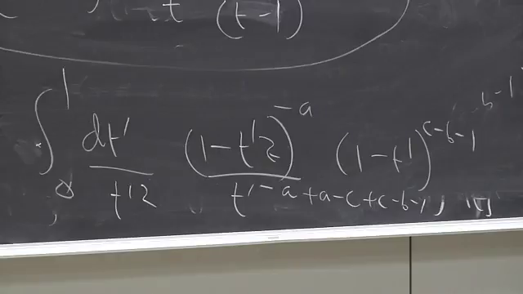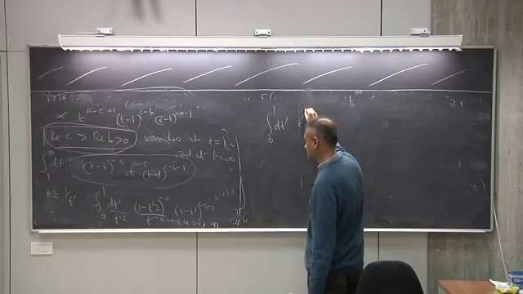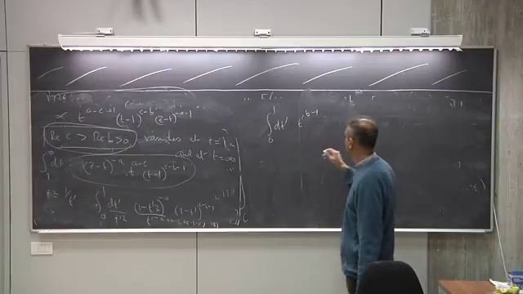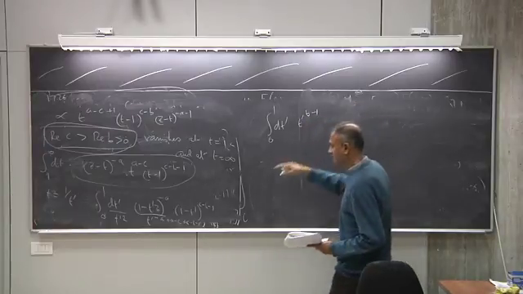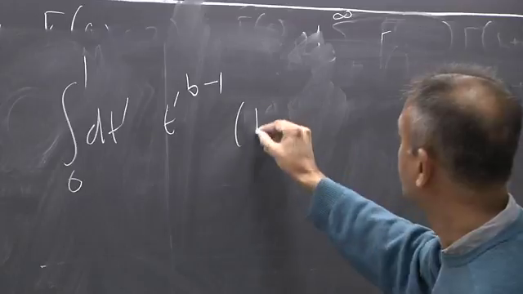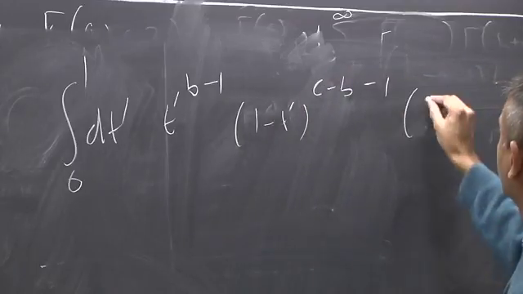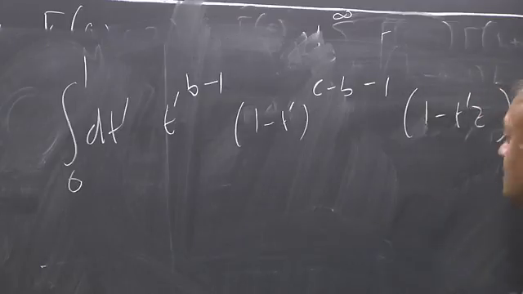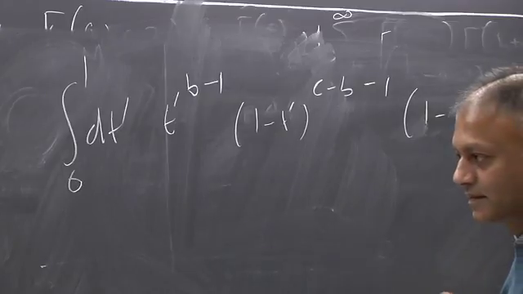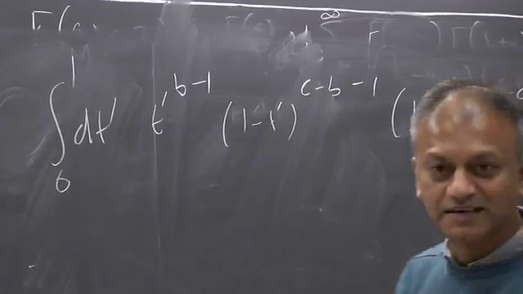So t prime to the b minus 1, right? t prime to the b minus 1. And then you get here (1 minus t prime) to the c minus b minus 1, and then (1 minus t prime z) to the minus a. Okay? So here is the integral.